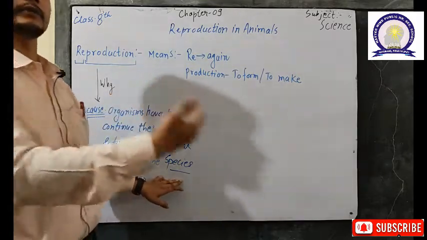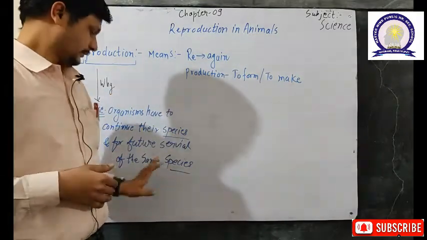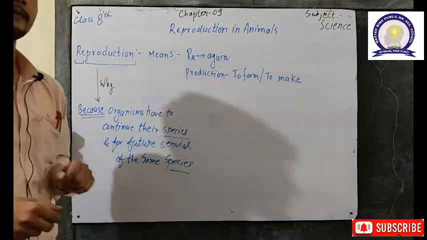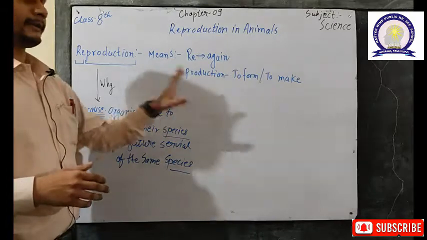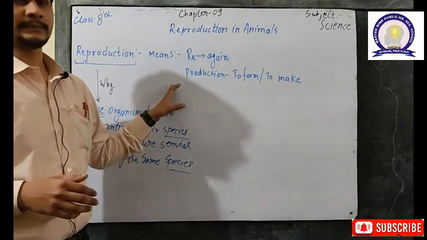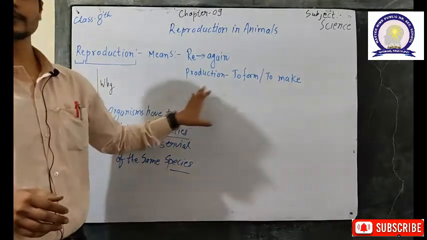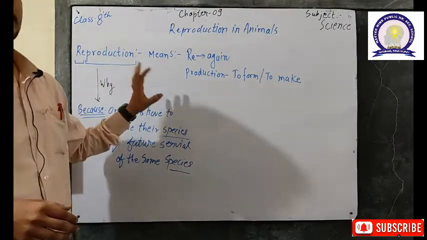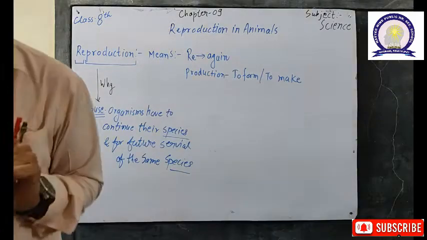By making their own type, they secure the future and survival of their own species. Now in the further section we will discuss the various modes of reproduction in animals and how it takes place.